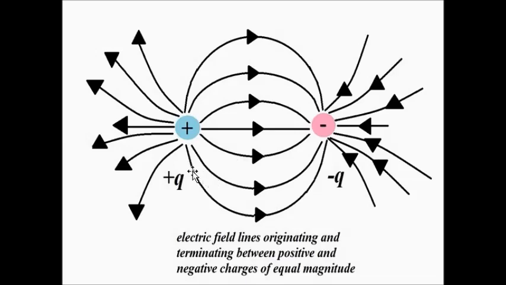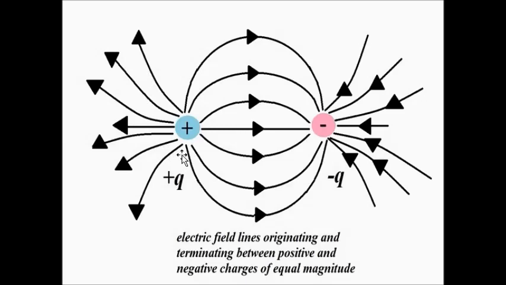Now let us count the number of field lines. Both the charges have the same magnitude. The magnitude can be anything, but the property which should be satisfied is that the number of field lines originating and terminating should be the same in both the cases. So let us count.